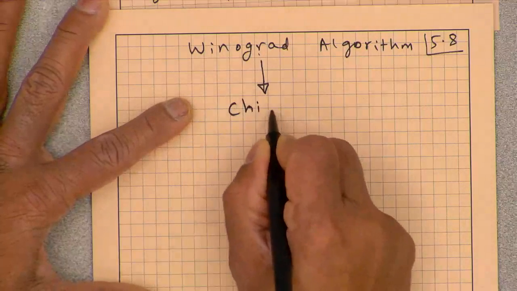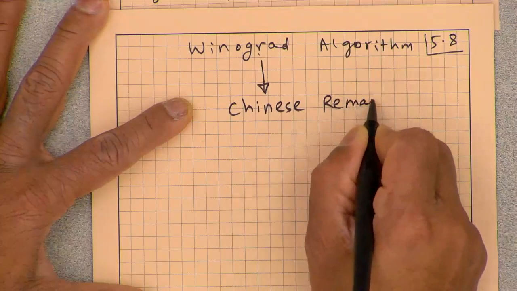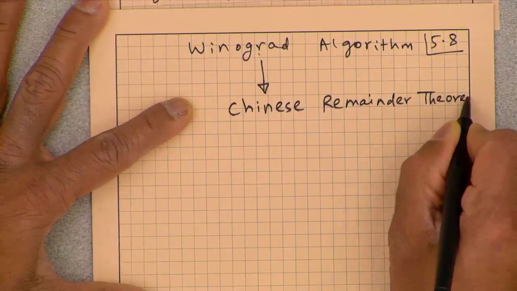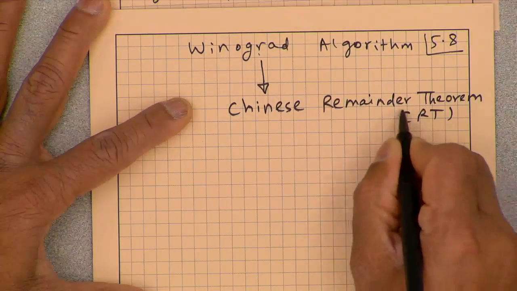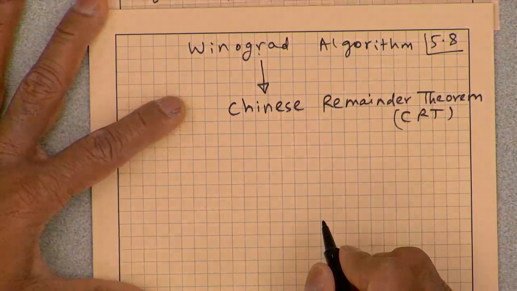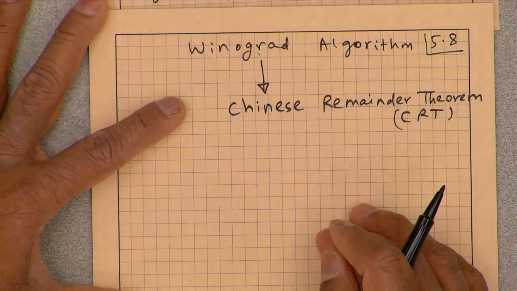So the foundation of Winograd algorithm is the Chinese remainder theorem. I don't really expect many of you to have come across that, but that was known to people in China many hundred years ago. Maybe I should be saying more than 1,000 years ago.